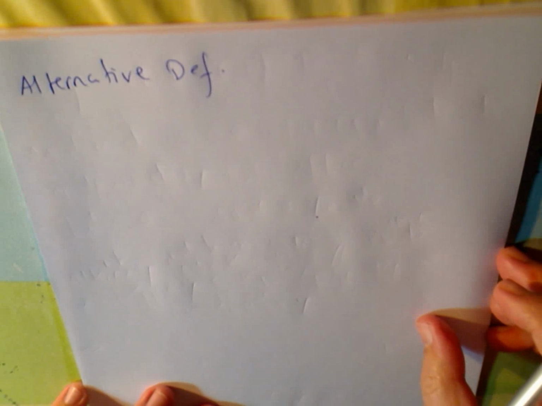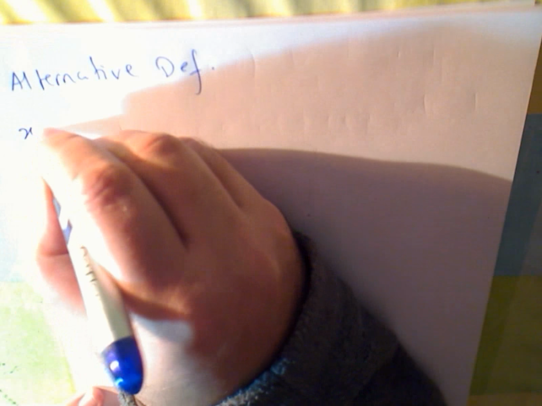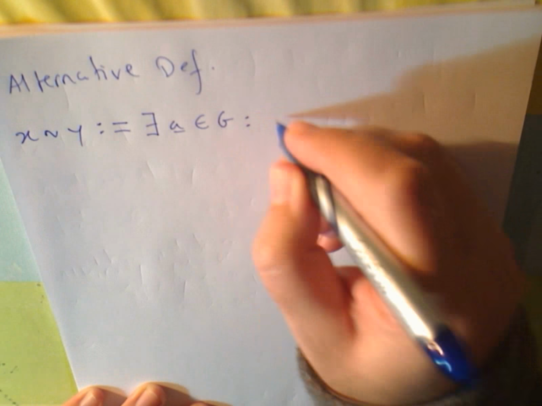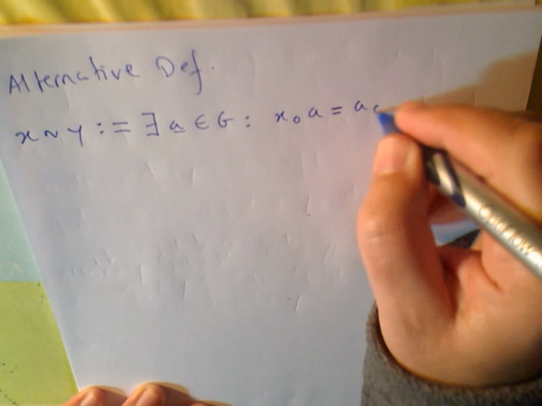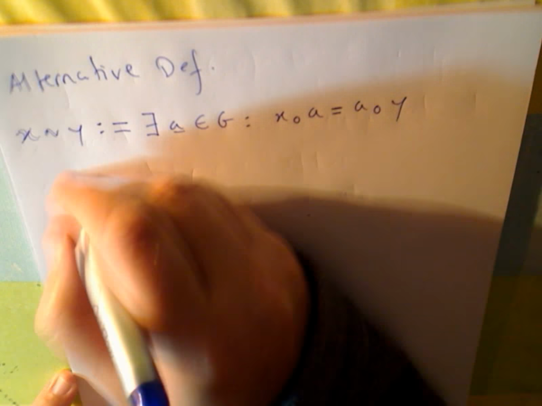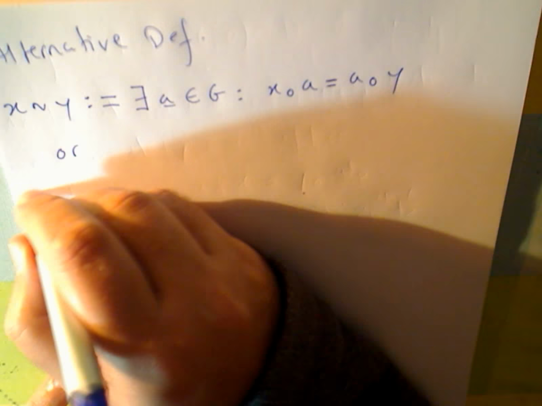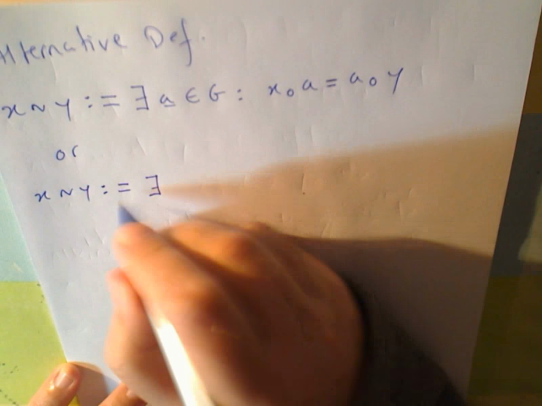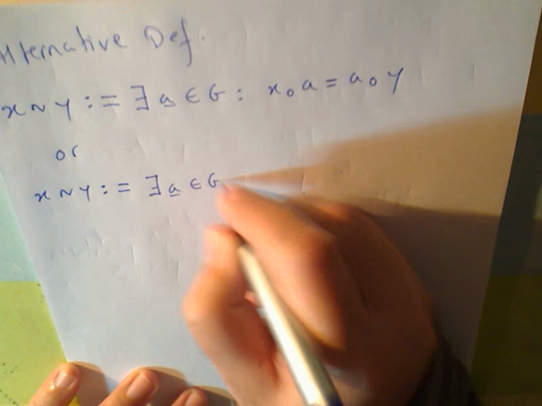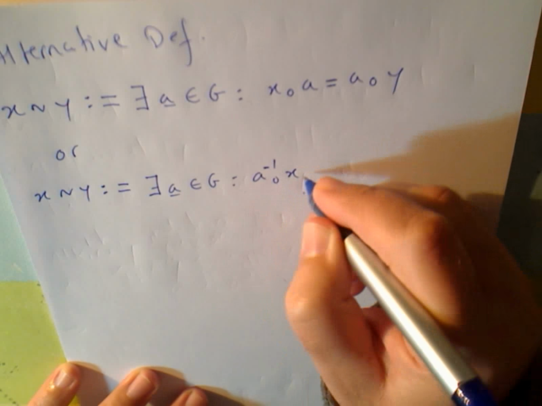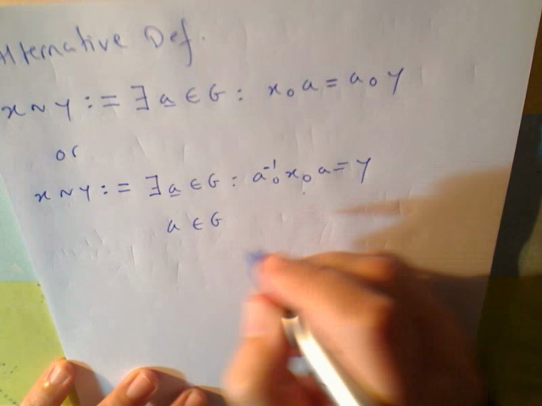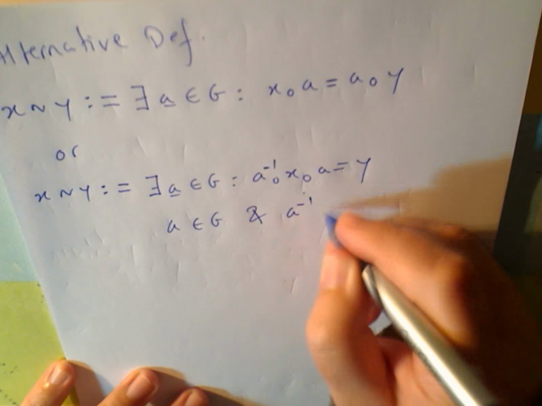We can say X conjugate to Y is defined as there is an element A in G such that X operation A equals A operation Y. Or you can say X conjugate to Y is defined as there is an element A in G such that A inverse X A equals Y. So A is in G and the inverse is in G too.